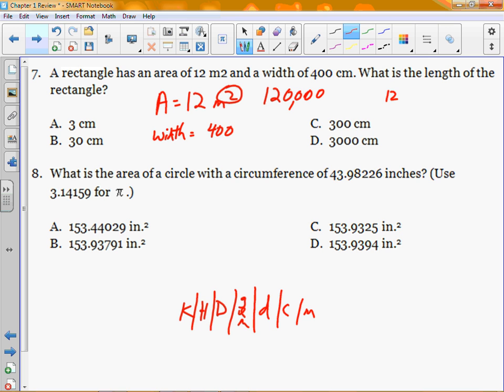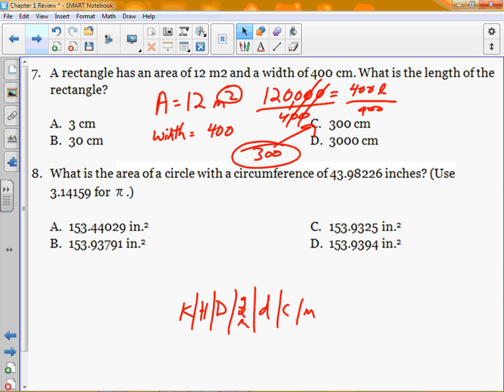So 12,000 equals 400 L. Next. Divide by 400. Divide by 400. Should be 300.